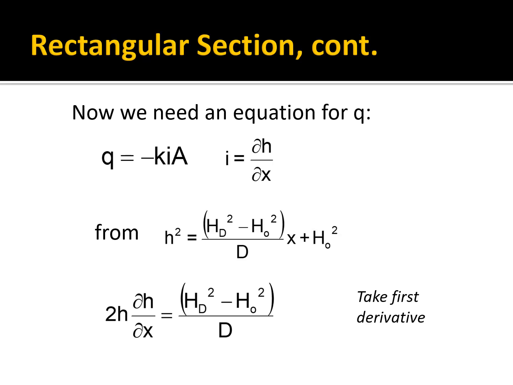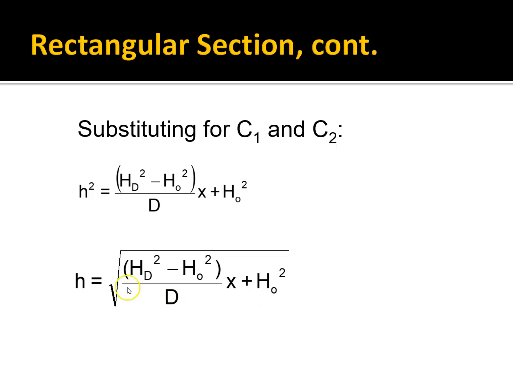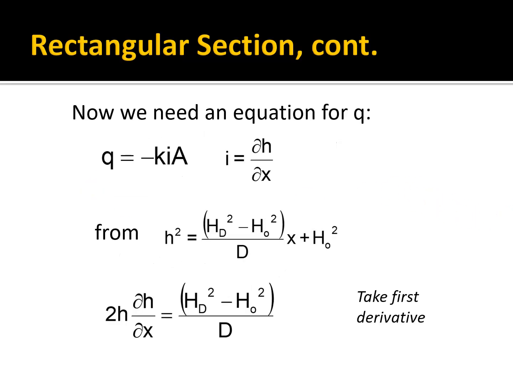And if you go back to this equation right here, which, remember, is what we got after solving for those boundary conditions, and you take the derivative of that equation, you get 2h del h del x equals hd squared minus h0 squared over d.